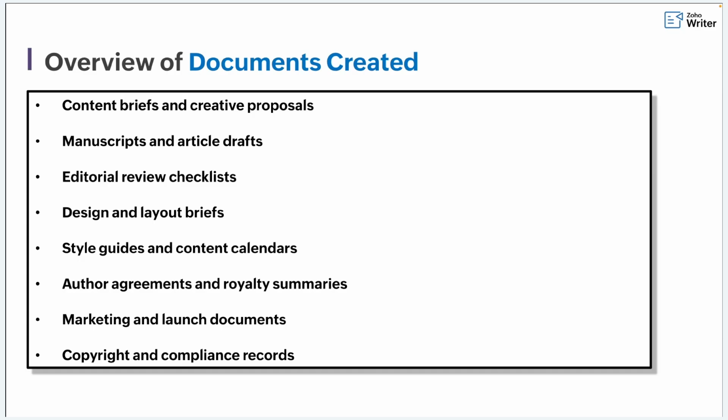Author agreements and royalty summaries take care of the business side of publishing, ensuring fair compensation and clarity in ownership. Finally, marketing documents and compliance records support promotion and protect intellectual property rights throughout the publishing process.